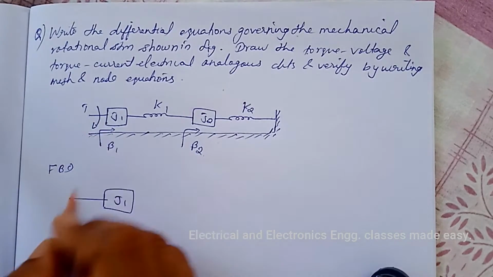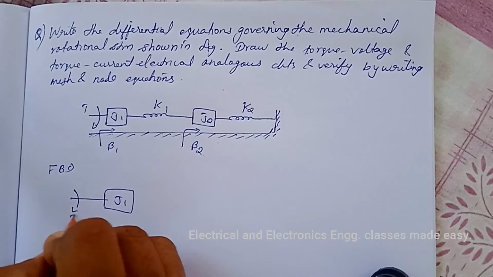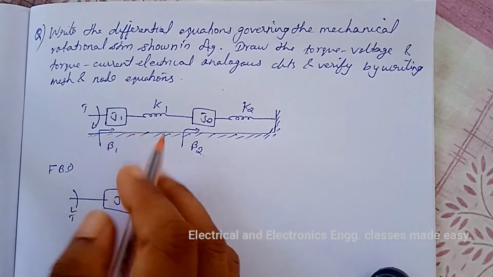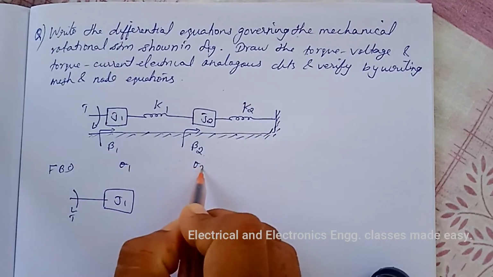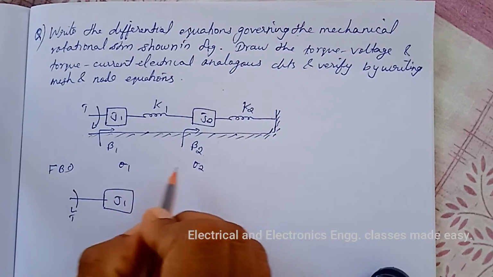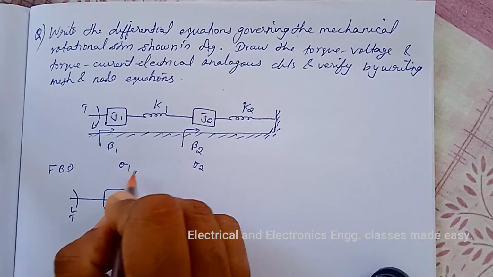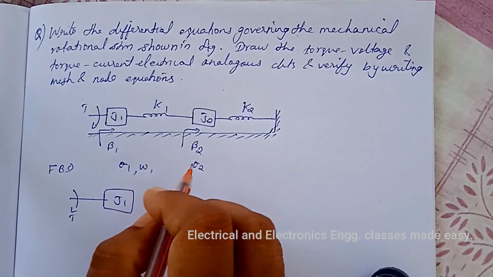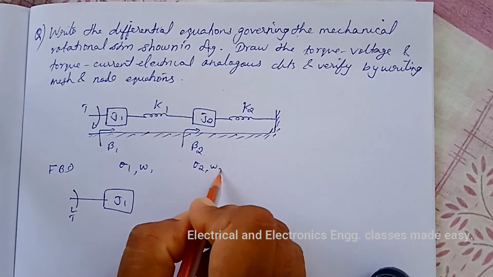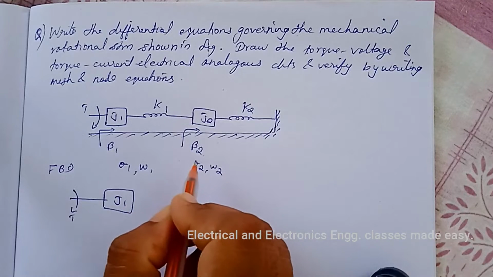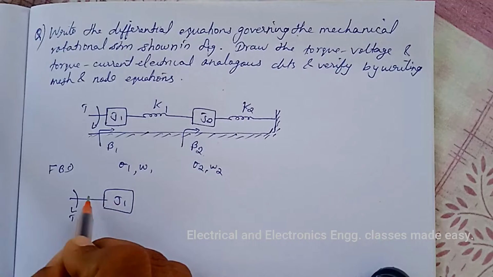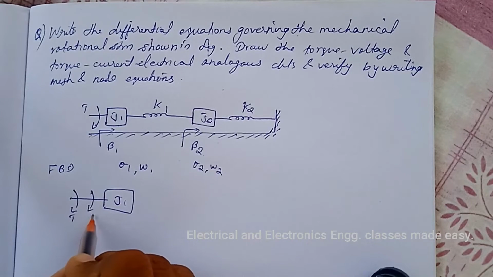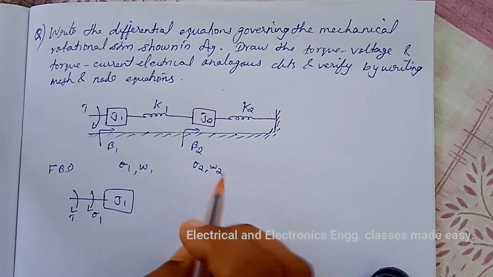So T is the applied torque. Let theta 1 and theta 2 be the angular displacements, and omega 1 and omega 2 be the angular velocities. Here the angular displacement is theta 1.